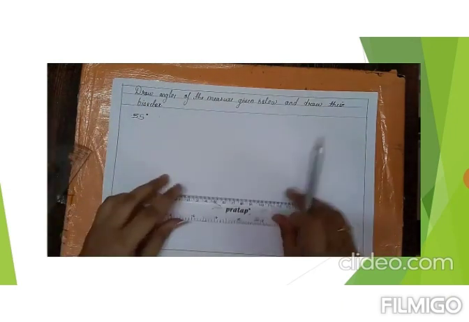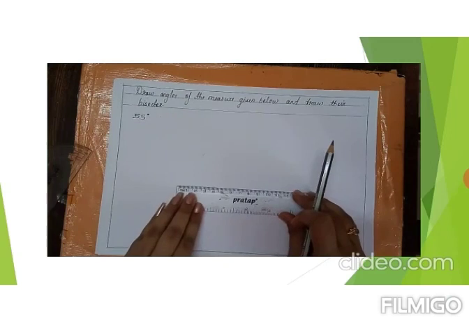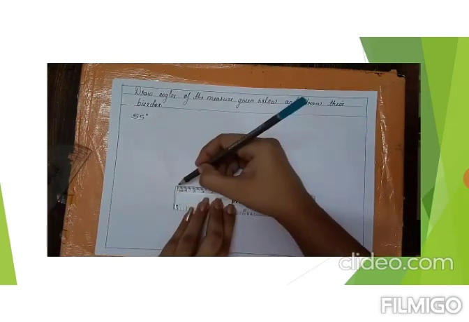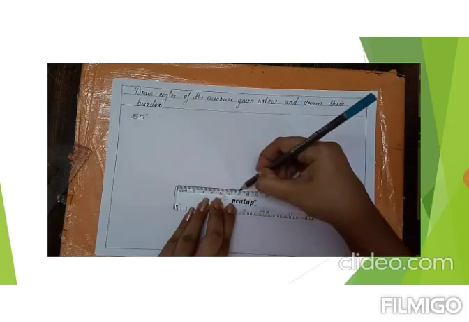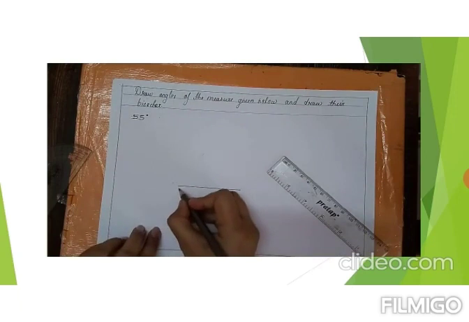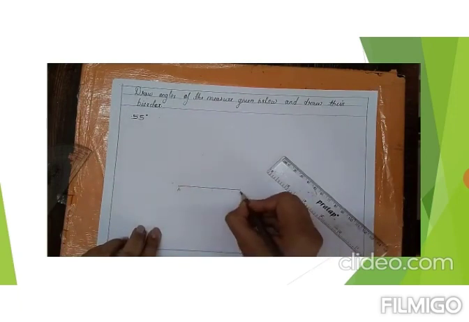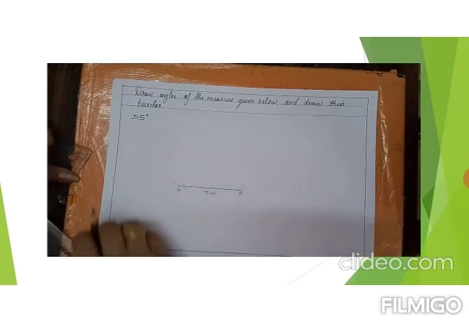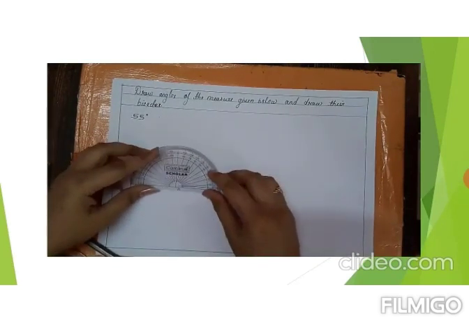First of all, you have to draw the line. Here I am taking 7 centimeter. I'm giving the name AB. Then I'm using the protractor.